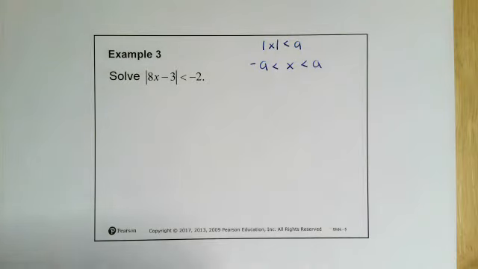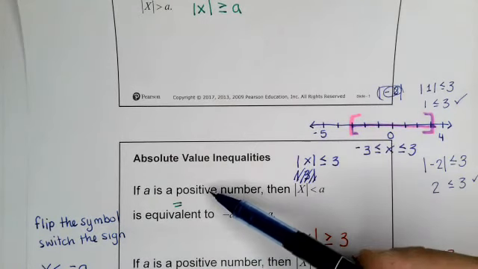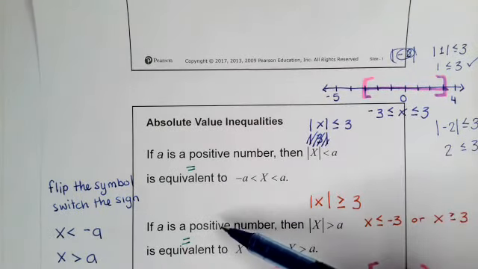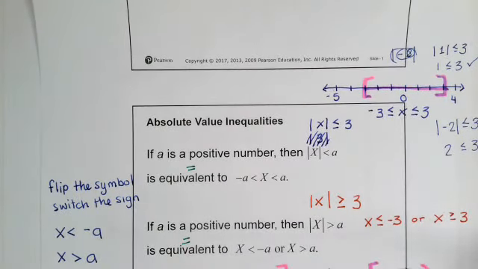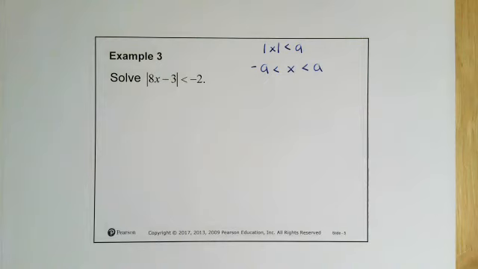Our rule actually says if A is a positive number. And last class, when A was a negative number, what did we have to say?